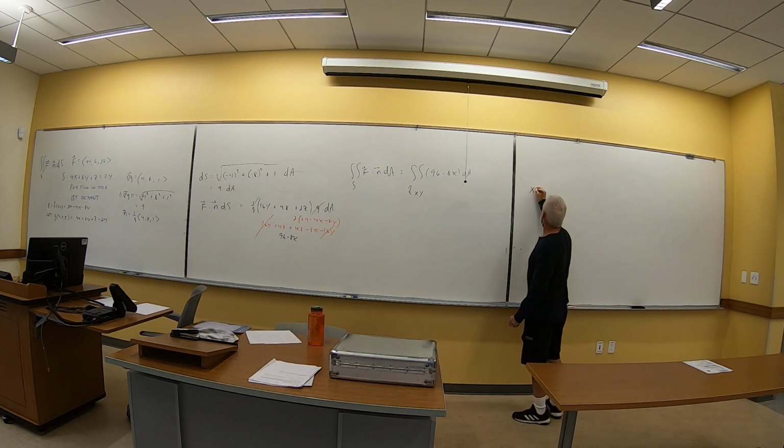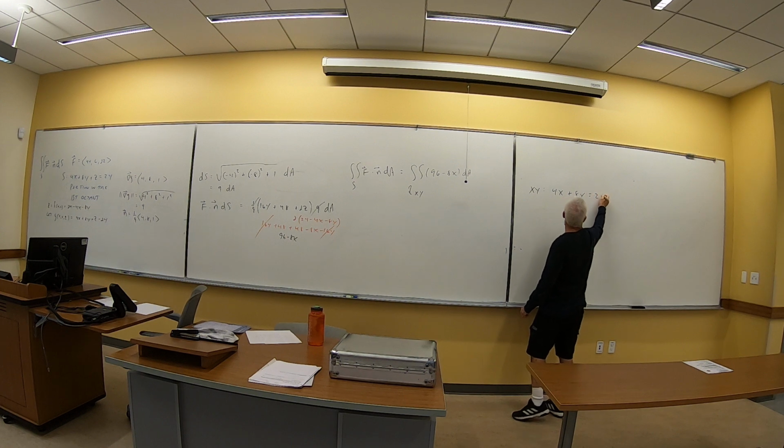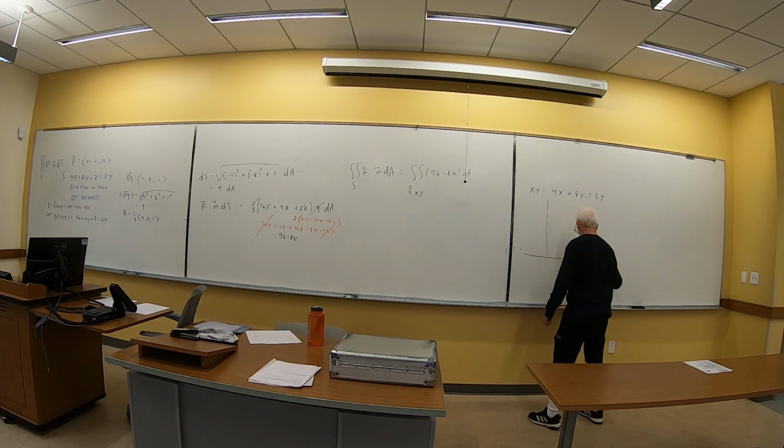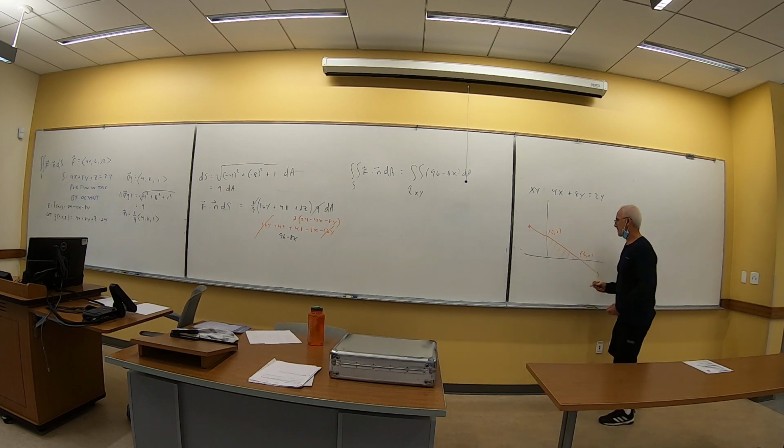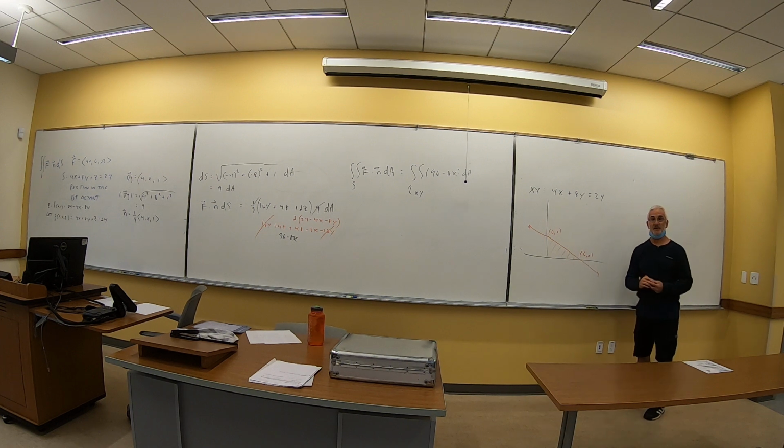So that means in the xy plane, it's just 4x plus 8y equals 24. So I have that, just that little simple triangle. Do you want to integrate it with respect to x or with respect to y?